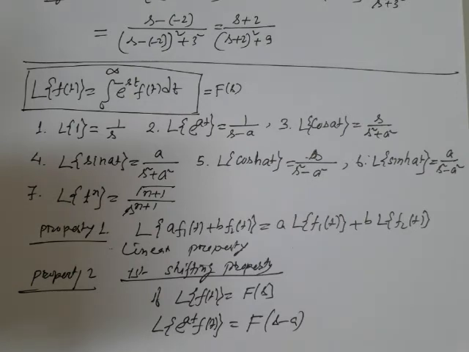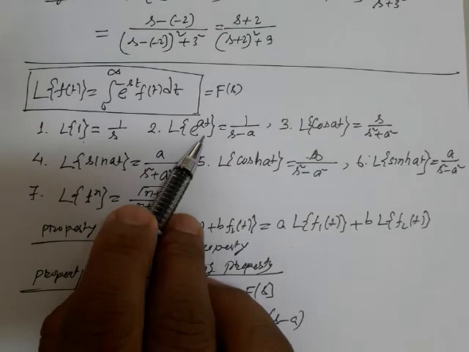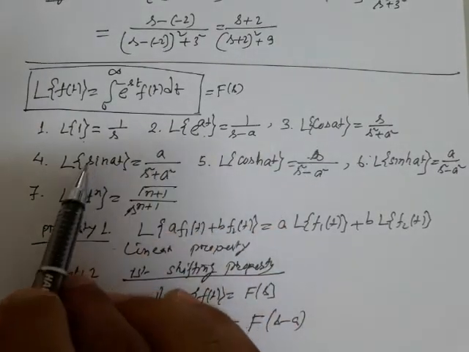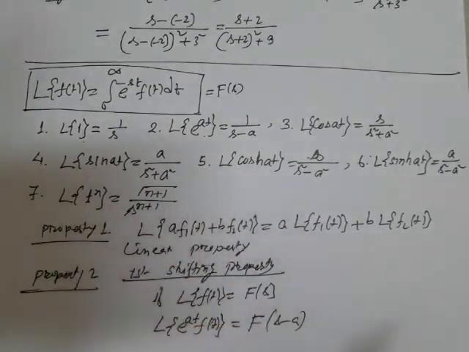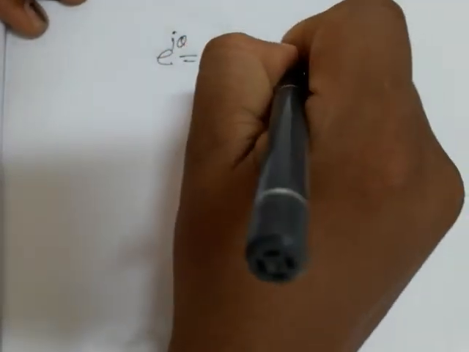Okay, so I have explained the very basic Laplace transformation formulas, and I have proved L of 1 and L of e to the power at. Now you have to prove yourself how to find L of cos of at, how to find L of sin of at, and the remaining formulas. So for this I will give some hints. Okay, all of you know the formula e to the power i theta equal to cos of theta plus i sin of theta.